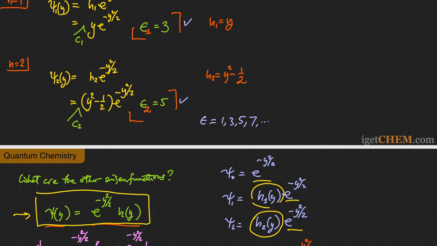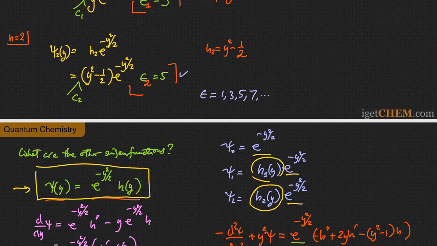And you can easily represent that by a formula, 2n plus 1, where n is equal to 0, 1, 2, dot, dot, dot, because these are odd integers.